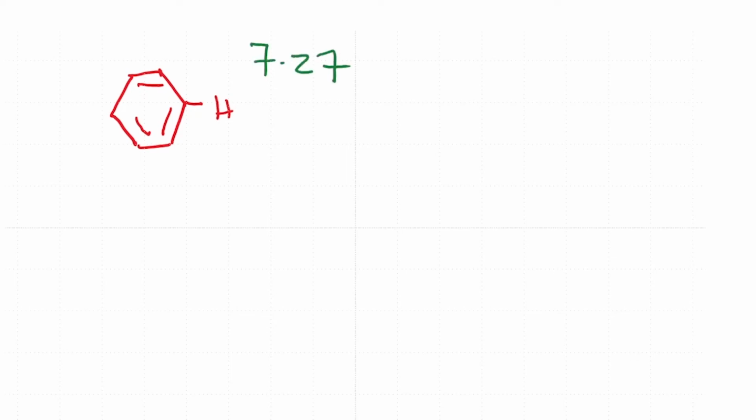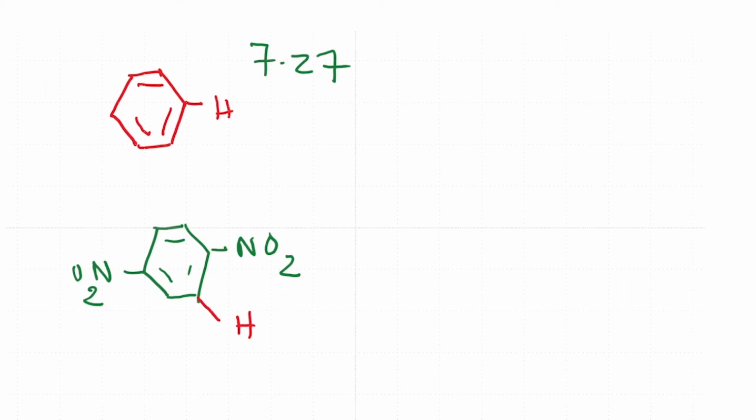Okay, now what we're going to do is put in two nitro groups. We'll understand why we are doing this substitution a little bit later. But these hydrogens, when you look at the chemical shift value, show up at around 8.48. Okay, so how do we understand this?